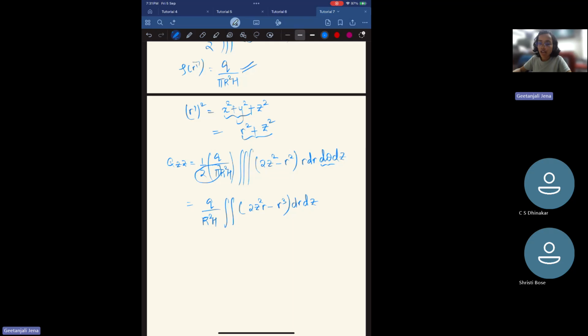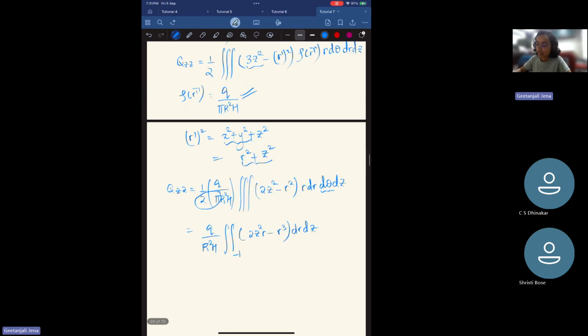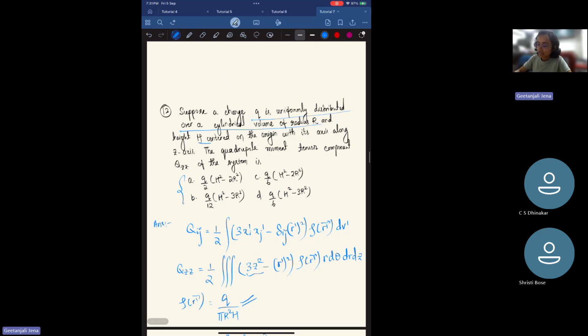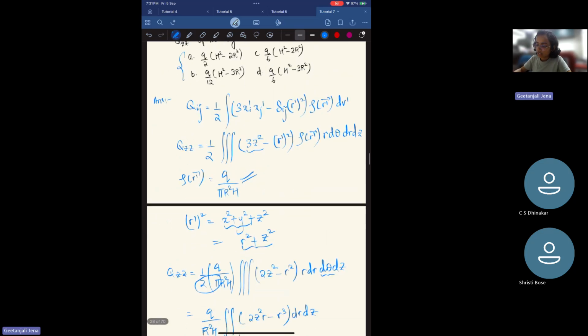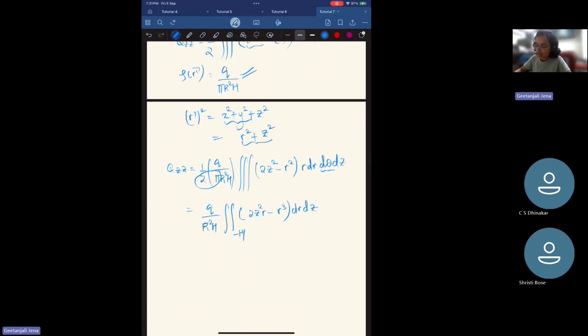Z, it's given the height is H and it is centered at the origin. So we can take this as minus H by 2 to H by 2.